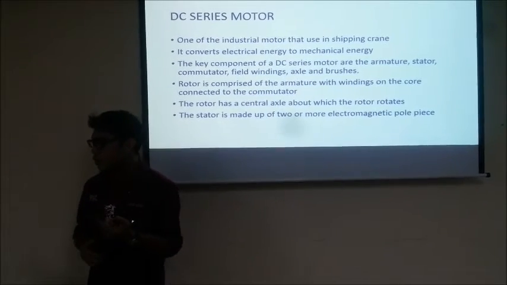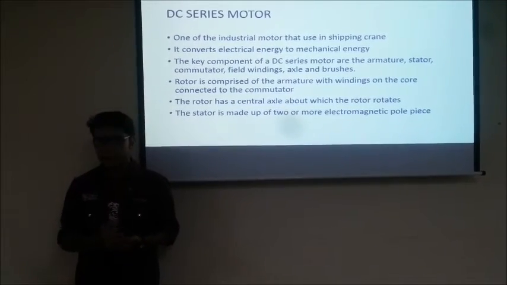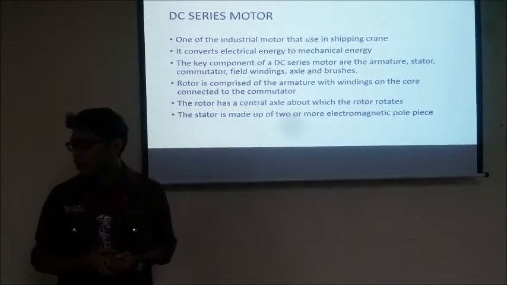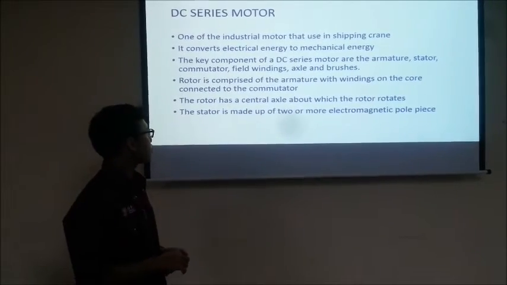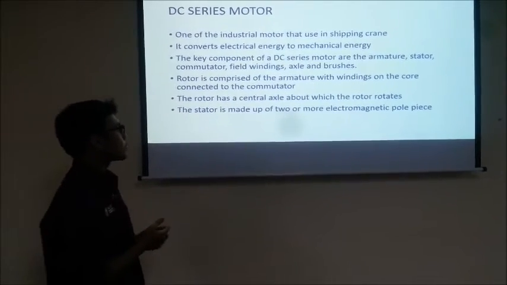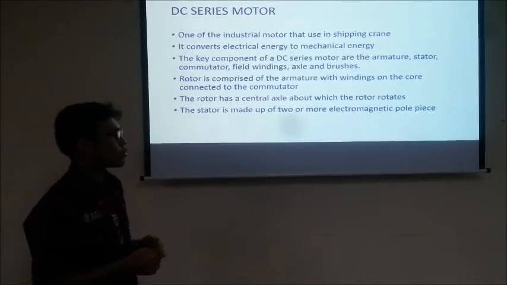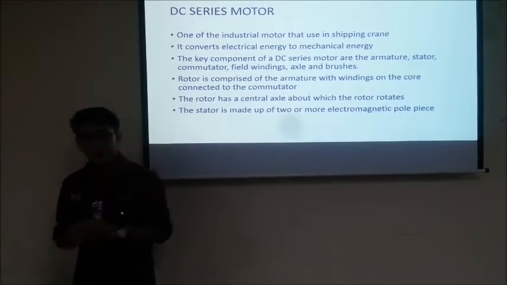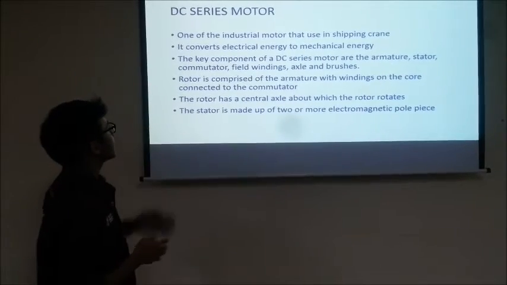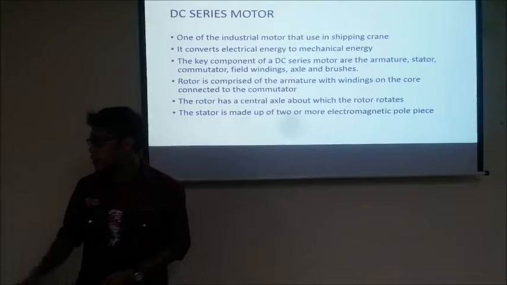The rotor is comprised of the armature with windings on the core connected to the commutator. The rotor has a central axle about which it rotates. The stator is made up of 2 or more electromagnetic pole pieces. So this is the motor used in the shipping crane.